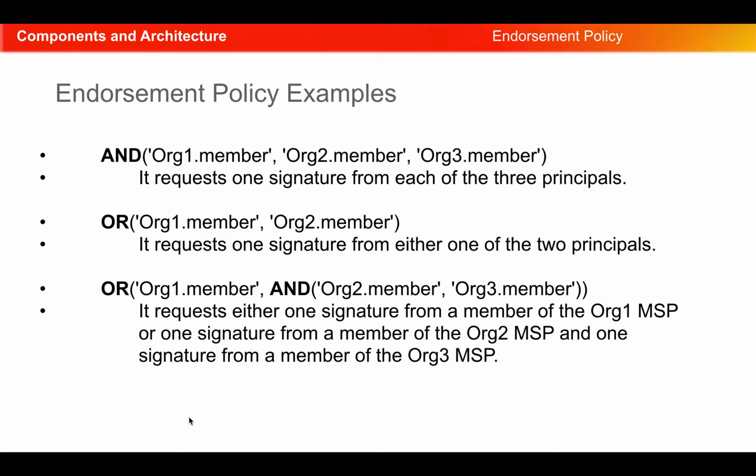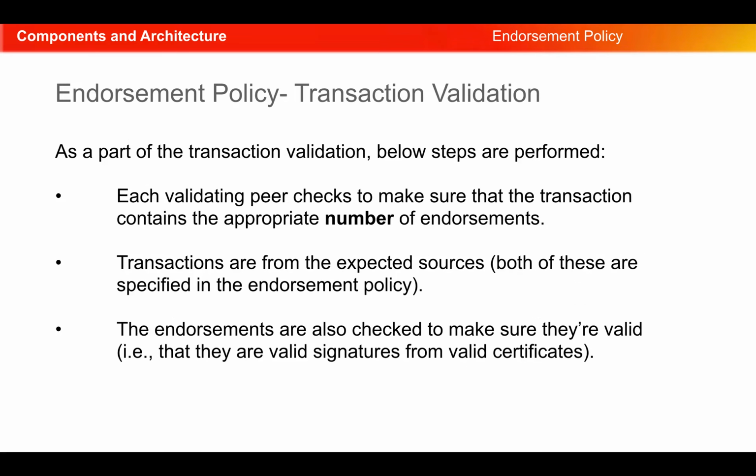You will get to know the practicality of it when we try our hands on the practical section. As part of transaction validation, there are a couple of steps that are performed, and we will look into each of those steps.